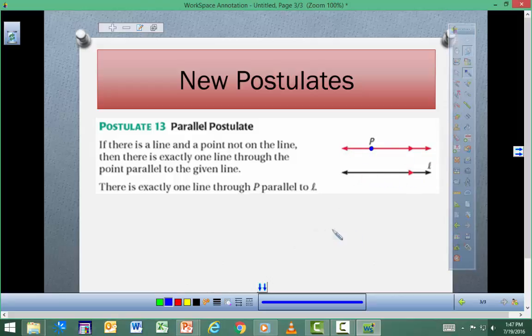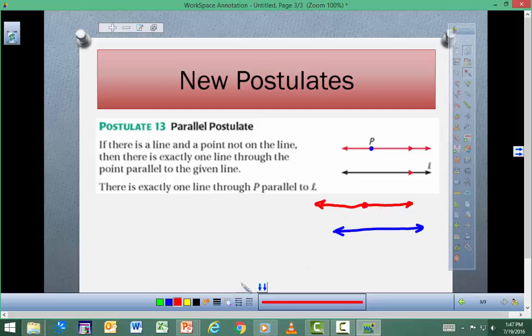And so let's see this in action again. You start off with the line L like this, and you have a point P anywhere that's not on the line, and just put it here. And what we're saying is that how many lines can you draw parallel to the given line? Well, what we're going to say is that there's exactly one. There's only one line that passes through that point P and is parallel to the given line.